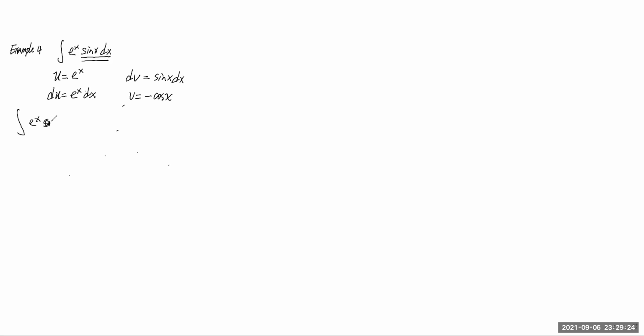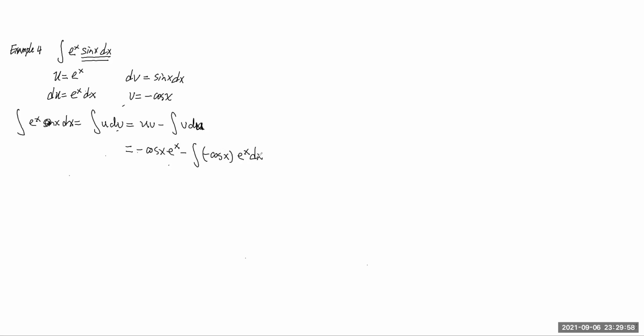This integral of e^x sine x dx is the integral of u dv. This is uv minus the integral of v du. This is negative cosine x e^x minus the integral of v du, where v is negative cosine x, sorry, this is du, du is e^x dx.